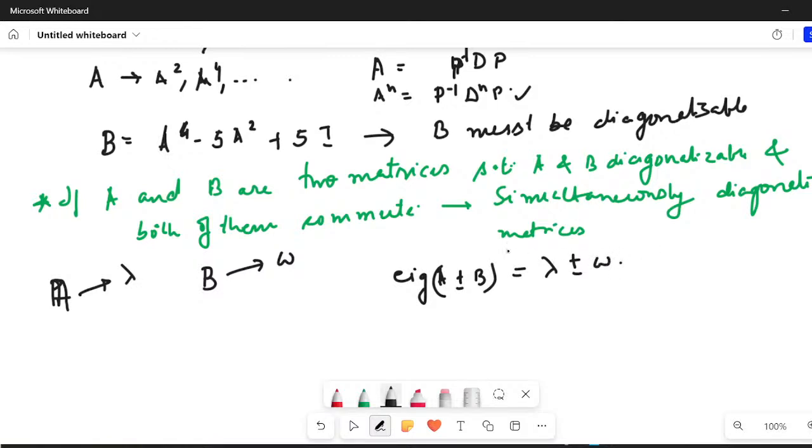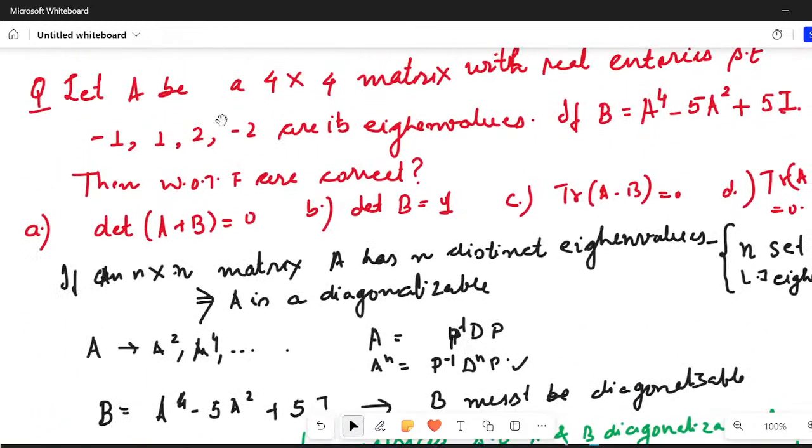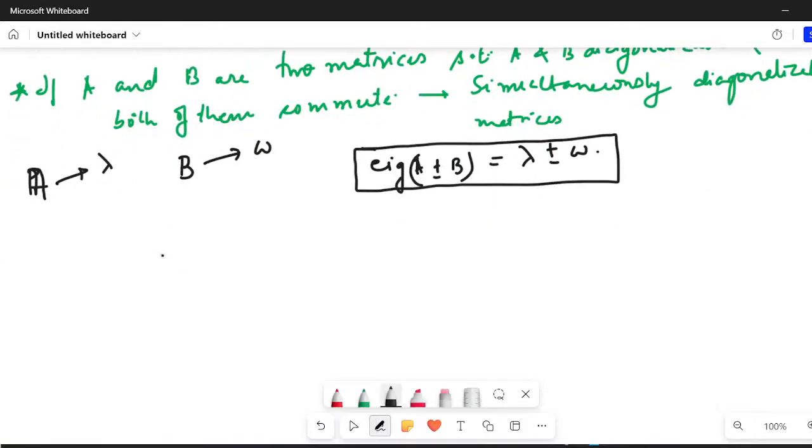This is one of the very important things that you can remember right now. I'm not going for the proof. I'm just giving you that if A and B are two matrices such that both are diagonalizable, which in our case is indeed true, since A has four distinct eigenvalues and B is represented in terms of A, then B is also diagonalizable. And further you can see what would be AB.